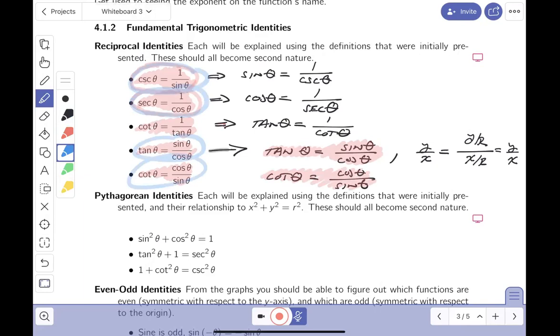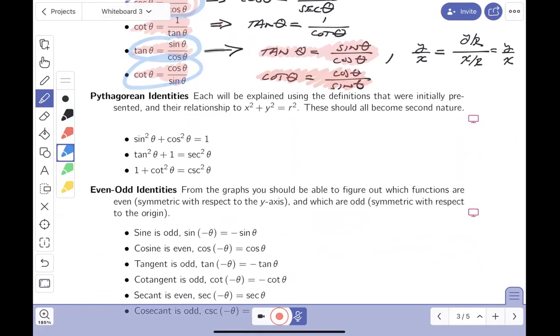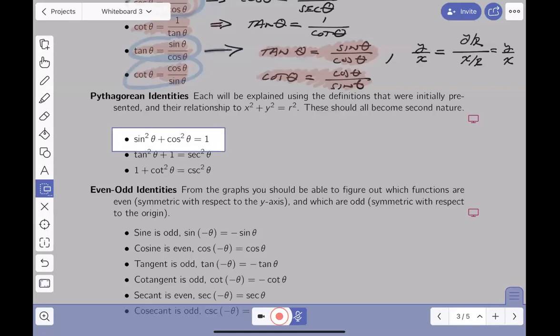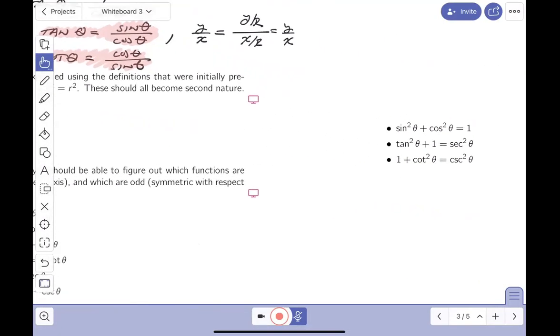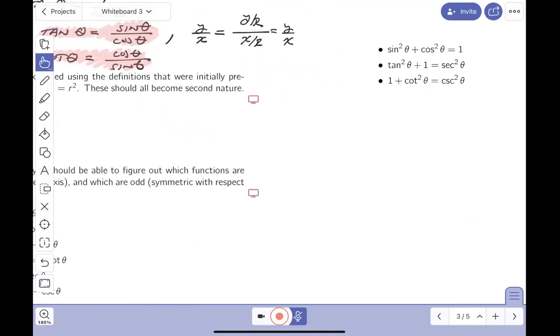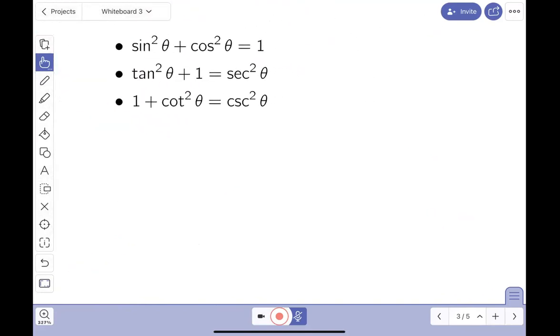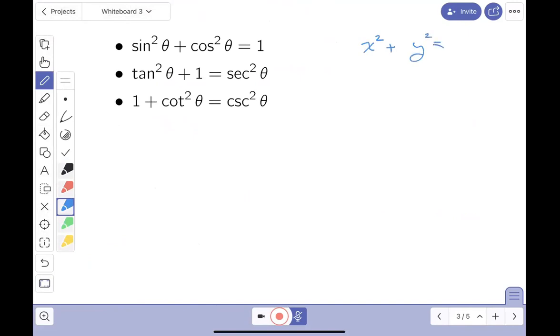All right, let's go to the Pythagorean identities. I don't like memorizing things. However, some students do. I'm going to put these on the side, and we're going to derive these three over here. Let's go back. I'm going to talk about the story, the same story over and over again: x squared plus y squared is equal to r squared.